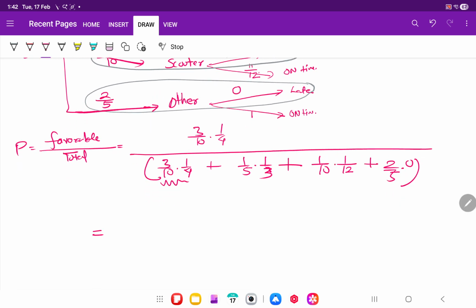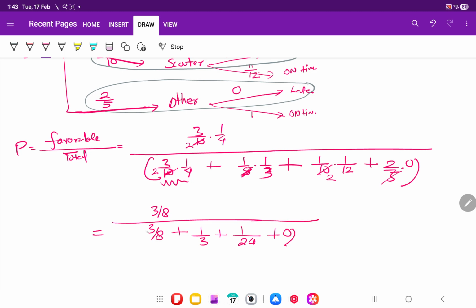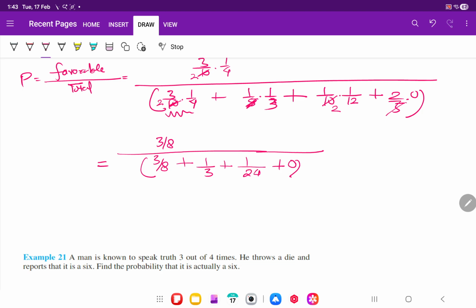Is anything cancelling? I think 5 will cancel everywhere. 5 2s are 10, then 5 2s are 10, and 5 2s are 10. So it is 3 by 8. This is 3 by 8 plus 1 by 3 plus 1 by 24 plus 0. So let me simplify it.